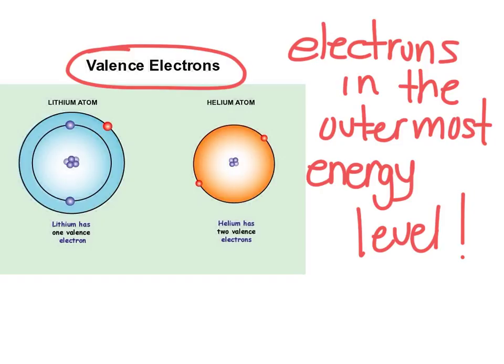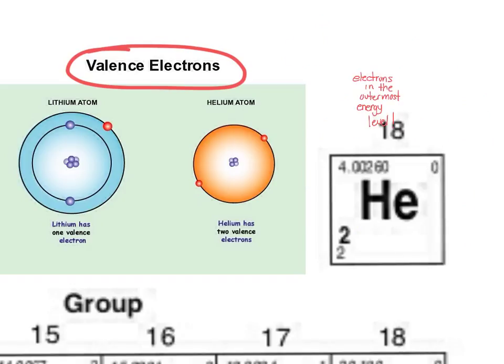Lithium has 1 valence electron. Helium, on the other hand, has 2 valence electrons, because helium, when you look at the periodic table, has 2 electrons and it only has 1 ring. So those 2 electrons are in the very last ring, or last principal energy level, making helium have 2 valence electrons. And those 2 valence electrons are located right here, 1, 2.